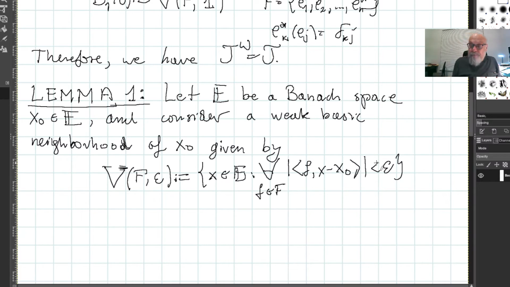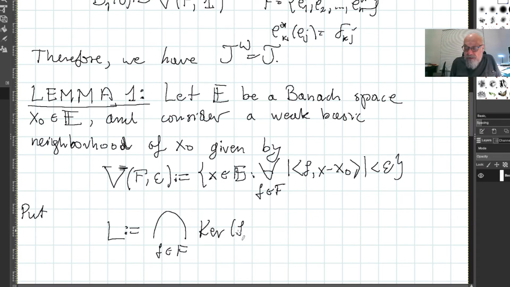Put L equal to the intersection, for every f belonging to F, of the kernel of f.